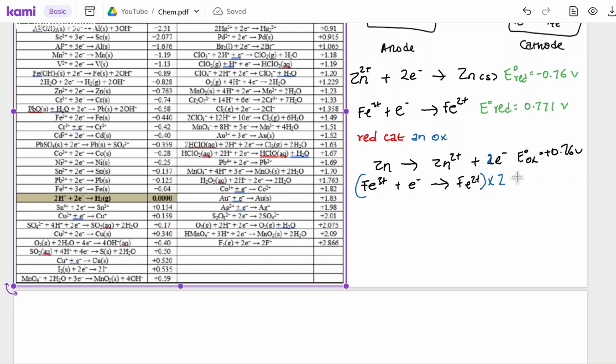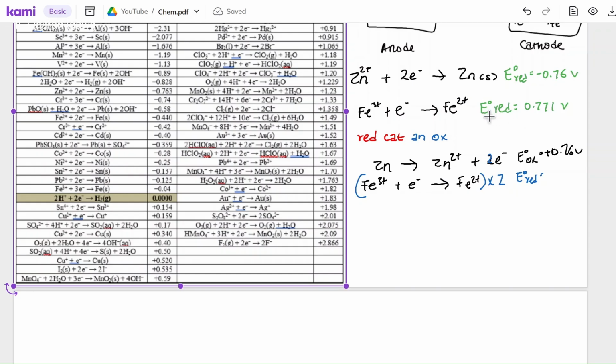When we do that, the standard reduction potential, remember earlier it was 0.771, is not multiplied. Most people think the reduction potential also gets multiplied by 2, but that's wrong. The standard reduction potential never changes, so even if you multiply this by 1,000, it's still 0.771 volts.